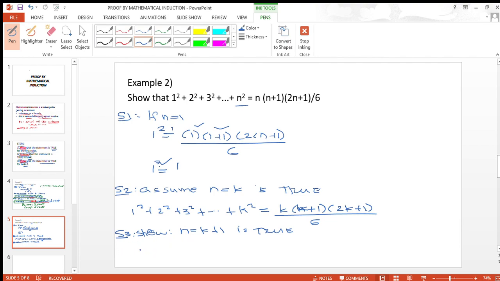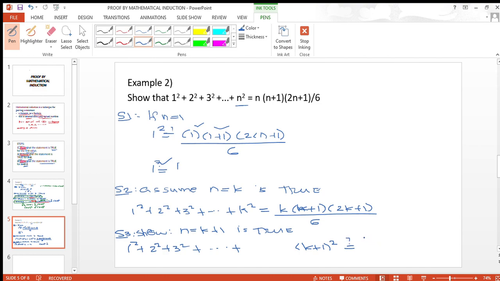So we go back again to our expression, change every n that you find by k plus 1. So you have 1 squared plus 2 squared plus 3 squared dot dot dot, k plus 1, the quantity squared, and is this equal to our right side?